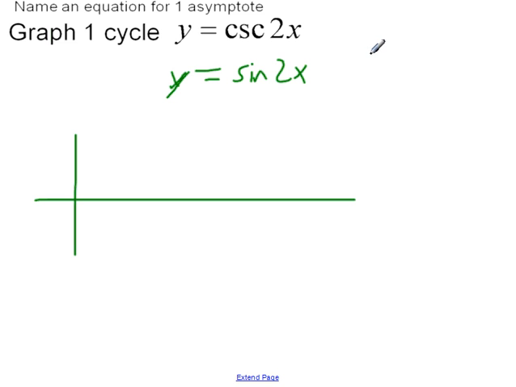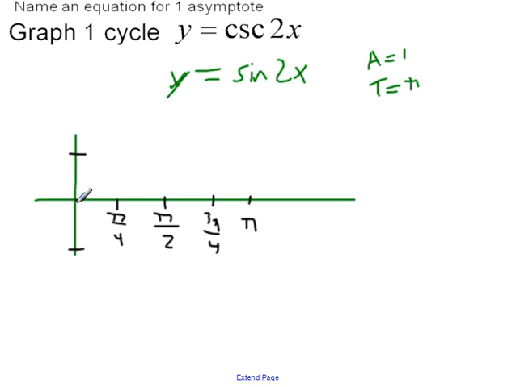So that has amplitude equals 1, period would be pi, no phase shift, no vertical shift. So the period is pi, half of that is pi over 2, half of that is pi over 4, this is 3 pi over 4, 1 and negative 1.